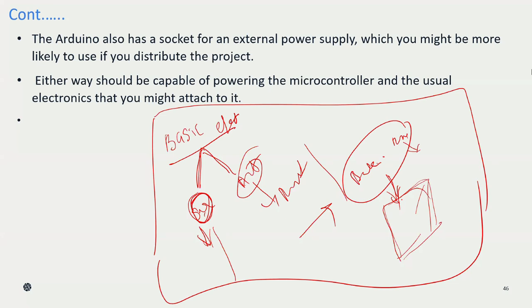Then we discussed one by one how to debug, how to push the code, and what language we use here. All those things we have discussed. So with this our second chapter is over. That is your Arduino, completely regarding Arduino.